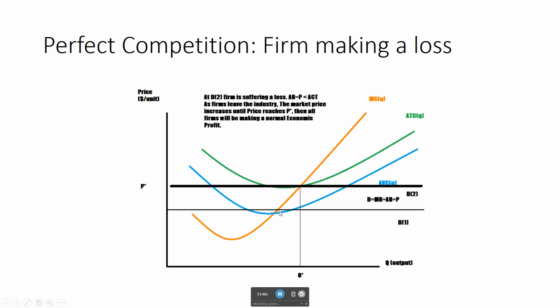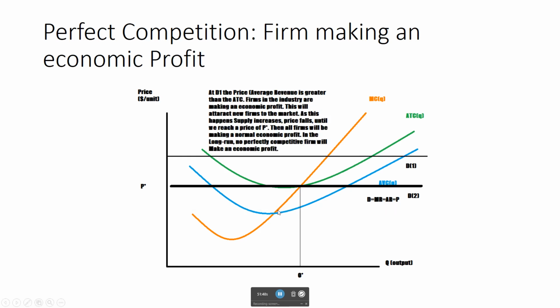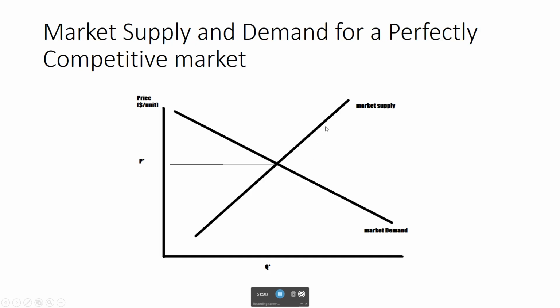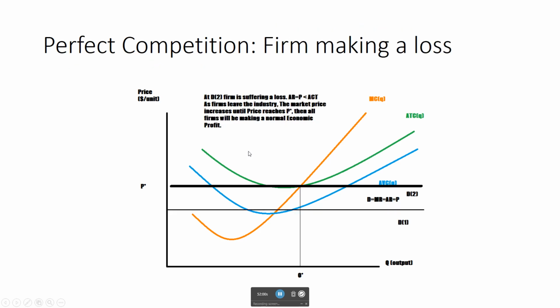As firms lose in an industry, some firms will leave that industry and go into profit-making industries in the neoclassical model. As firms leave the industry, that's going to decrease market supply, and as you can see, that will drive the price up in the market. So we go back here.